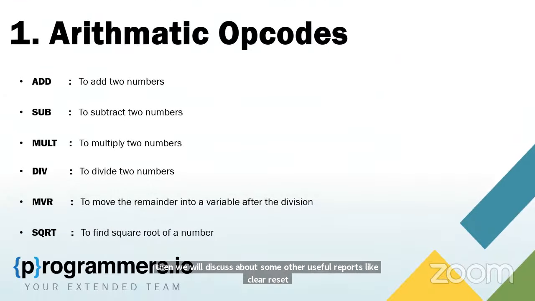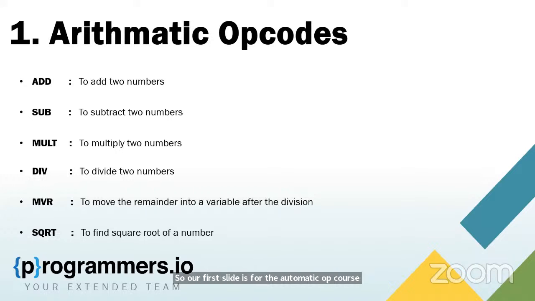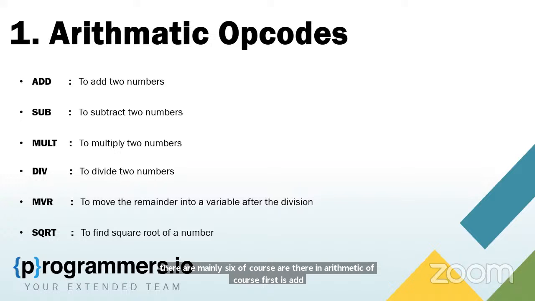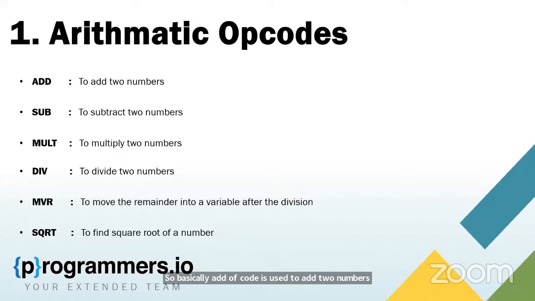So our first slide is for the arithmetic opcodes. There are mainly 6 opcodes in arithmetic opcodes. First is add. The add opcode is used to add two numbers. Similarly, the sub opcode is used to subtract two numbers. The mult opcode is used to multiply two numbers, and div will divide two numbers.